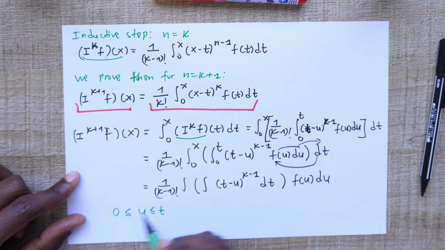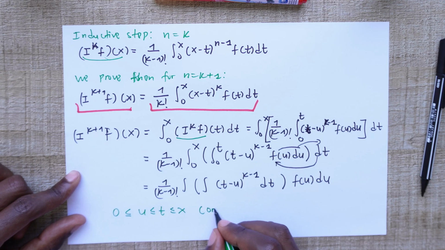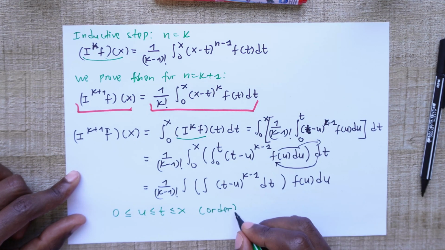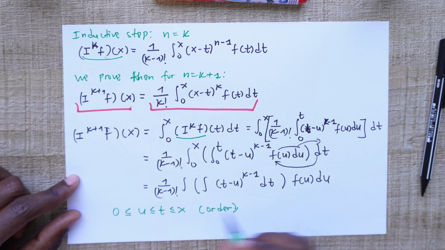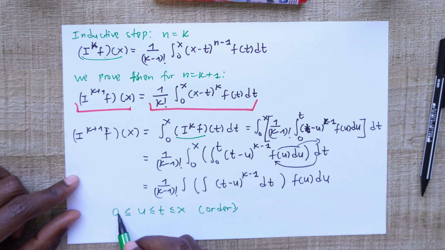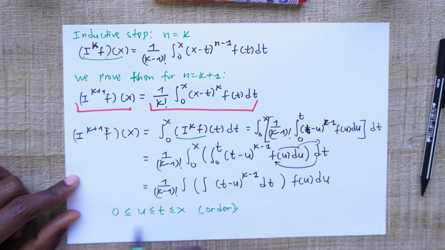So t goes from 0 to x. So this is actually like the rank or the order in which we have to integrate the variables. So we can see that u lies between 0 and t lies between 0 and x.